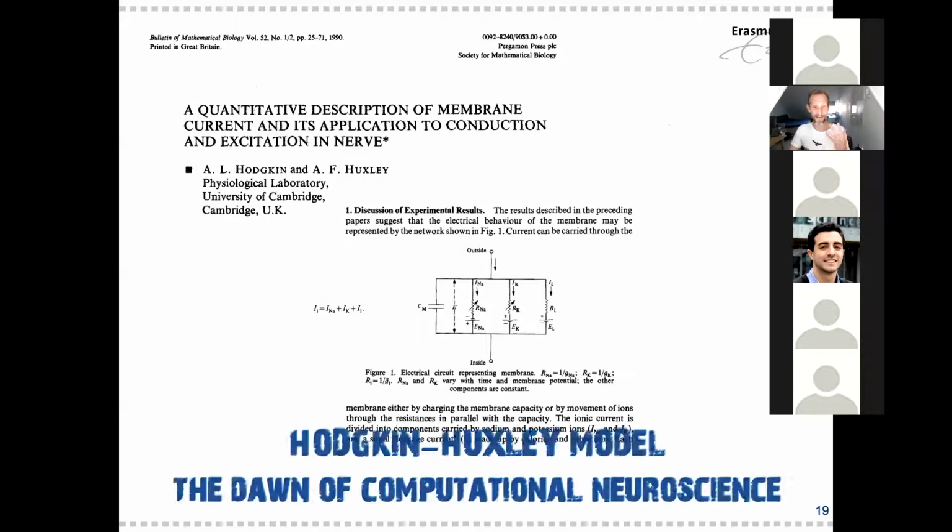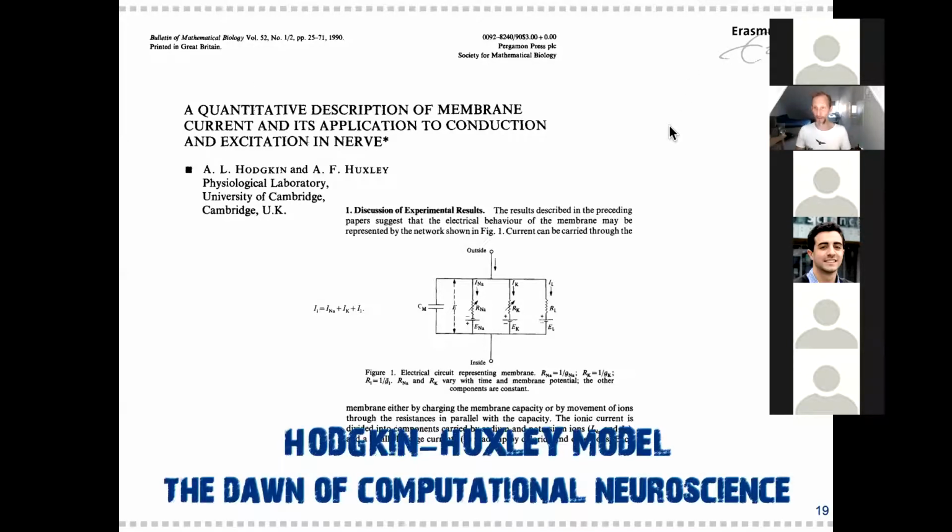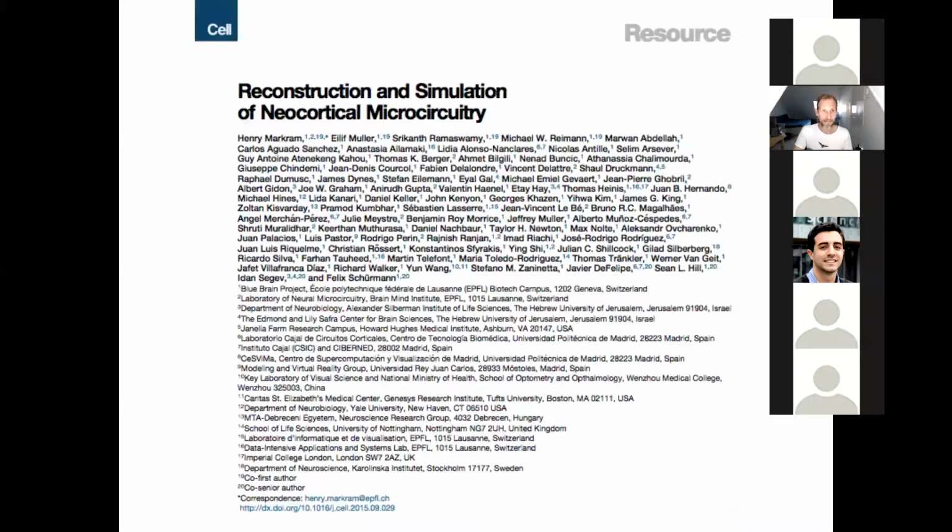So it's really the dawn of computational neuroscience in 1952. It's the first successful attempt at simulating a neuron in its biological implementation. It talks about ions: sodium, potassium, chloride, calcium in other cases. And it has come a long way, from 52 now to 2020.